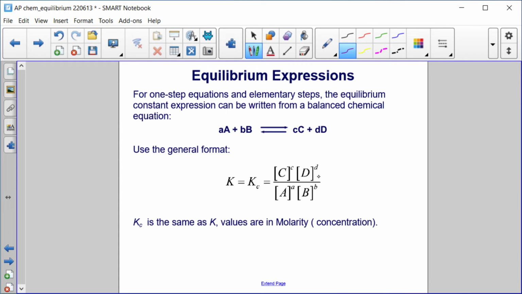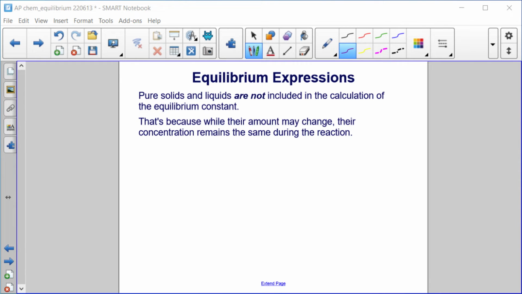Pure solids and liquids, so something in a reaction that says solid or liquid, are not included in the calculation of the equilibrium constant. That's because while the amount of the solid or the amount of the liquid may change, their concentration remains the same during the reaction.